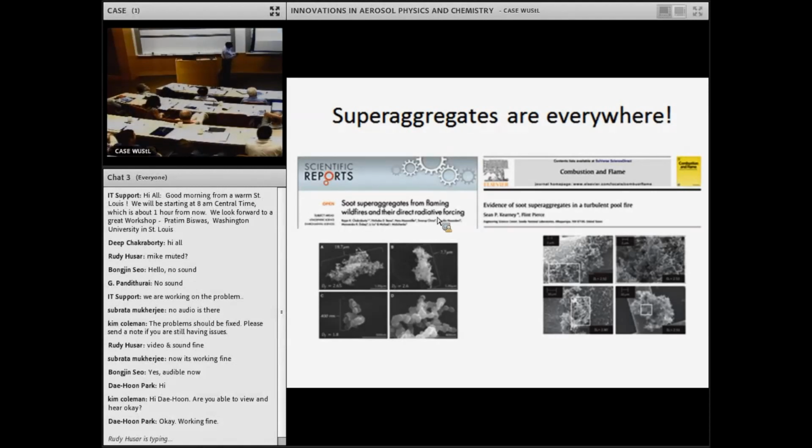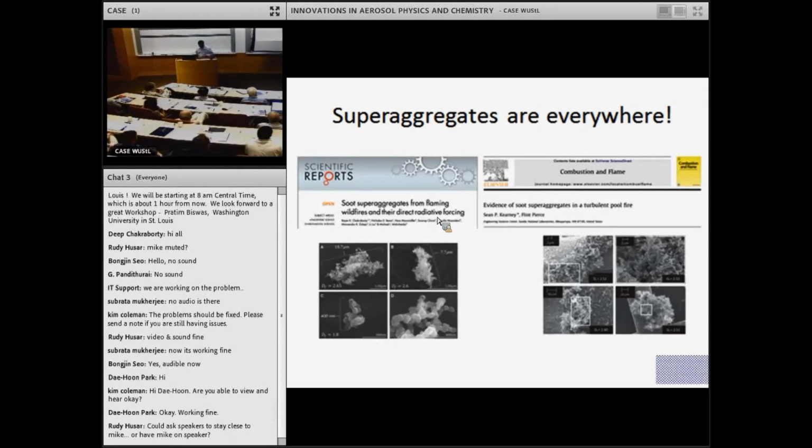They come from a turbulent pool fire from Sandia Labs. They came from Rajan's work, Rajan and his group's work, from various forest fires. And Rajan is also now working on the inverted flame. This is why I said Chris's lab, the flame was upright, this is an inverted flame. And he is making super aggregates up to the wazoo.